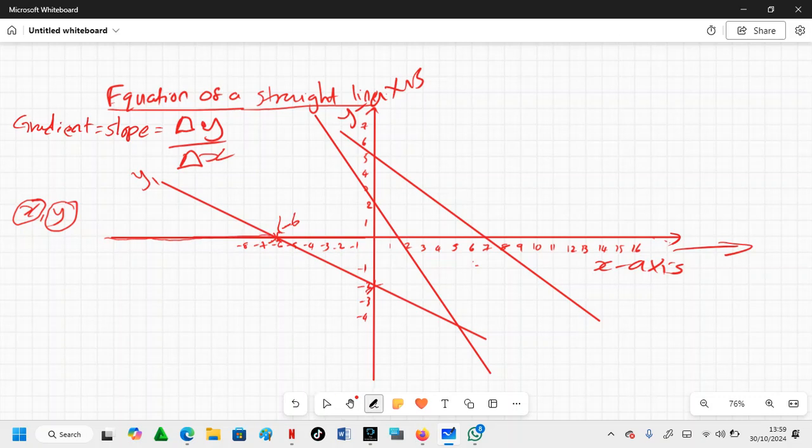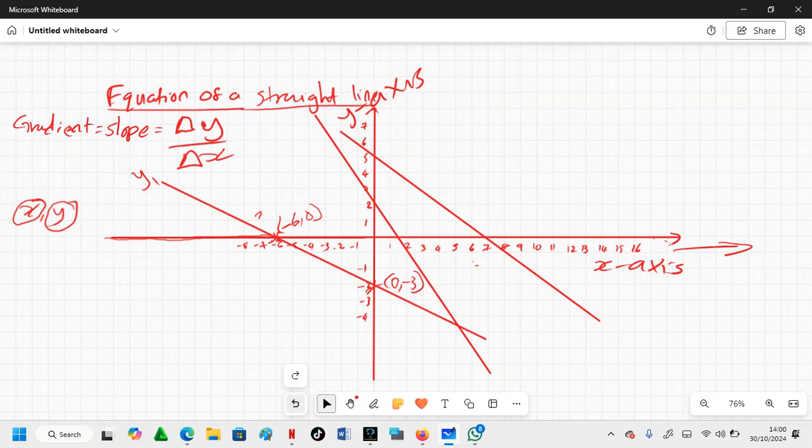It's -6, and y is 0, as you can see. And then here x is 0 and y is -3. Actually, those 2 points are the intercepts. This one is the x-intercept, and this one is the y-intercept. In other words, where the line touches the x-axis and where the line touches the y-axis.